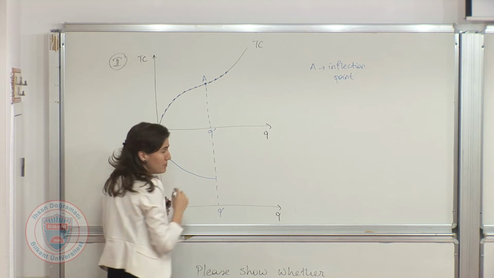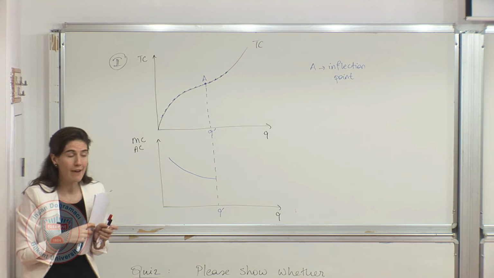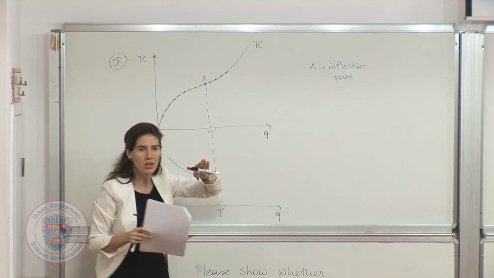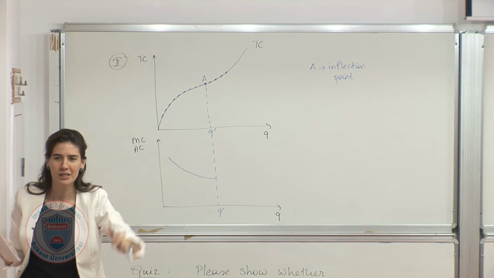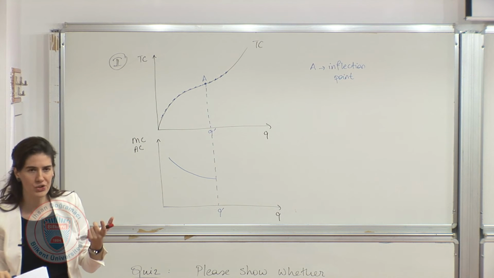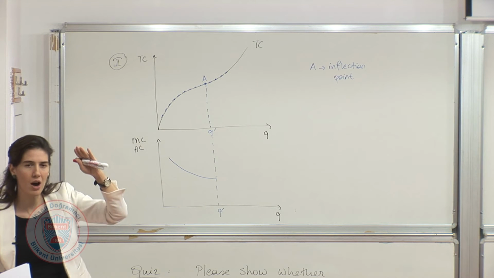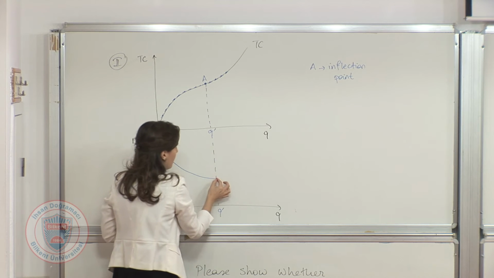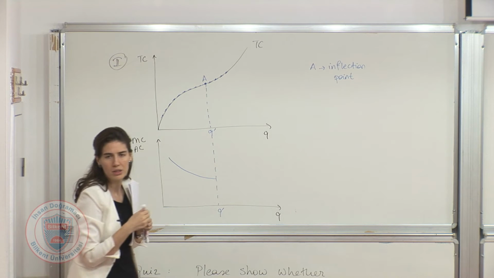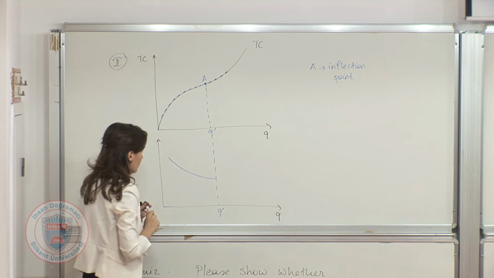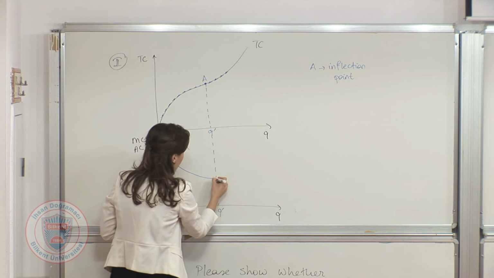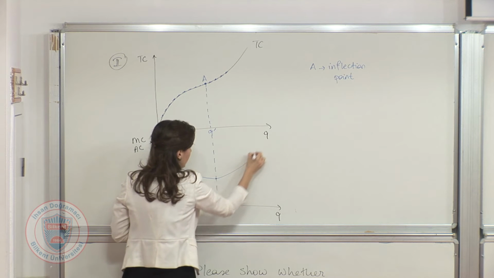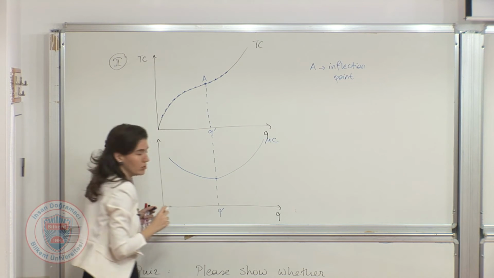Sometimes there might be a flat portion of this where it's linear, where the slopes are not changing, so they are actually constant. So you can have some flat portion there. But basically afterwards the slopes are increasing, right? So this is the marginal cost.